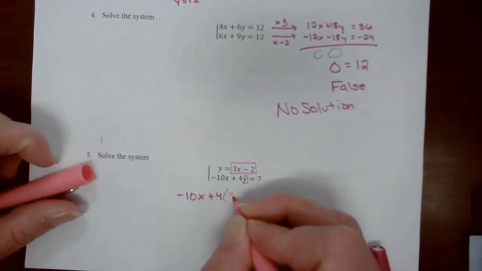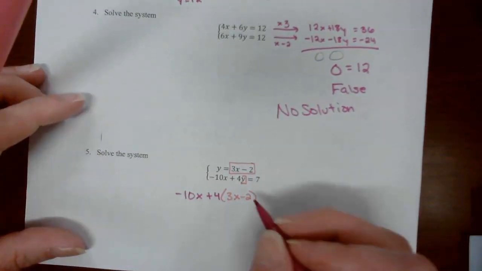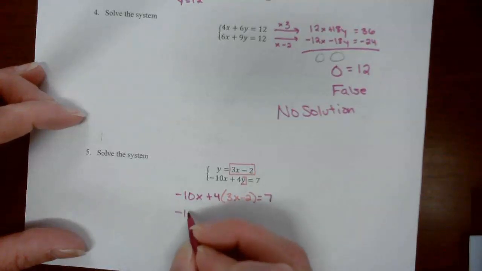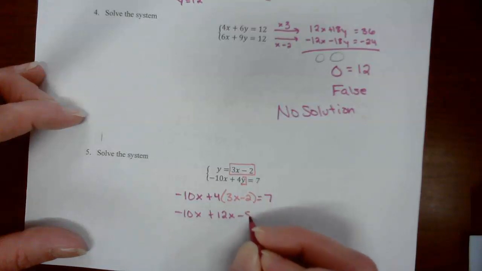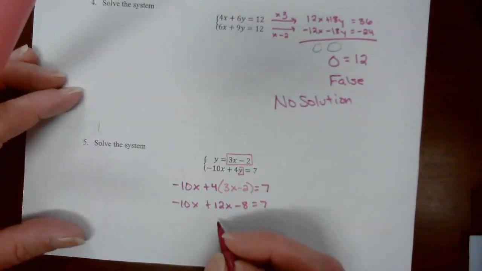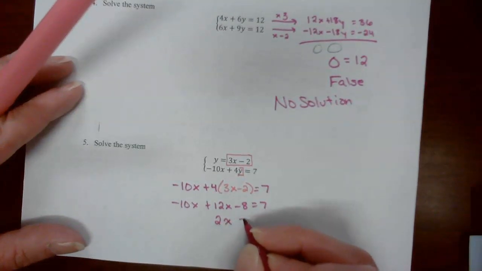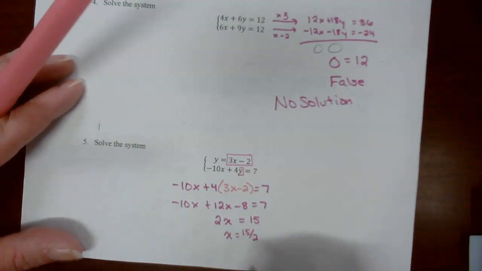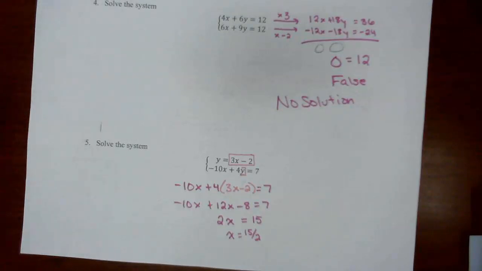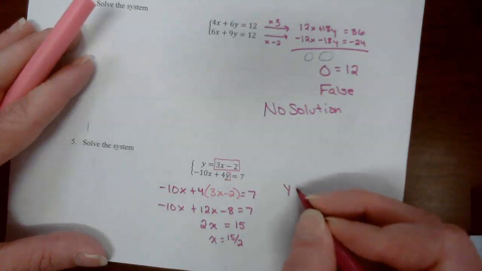Always substitute in with parentheses, because our next step is to distribute. And I end up getting x equals 15/2. I end up getting a fraction, or you can make it a decimal, but that's okay.